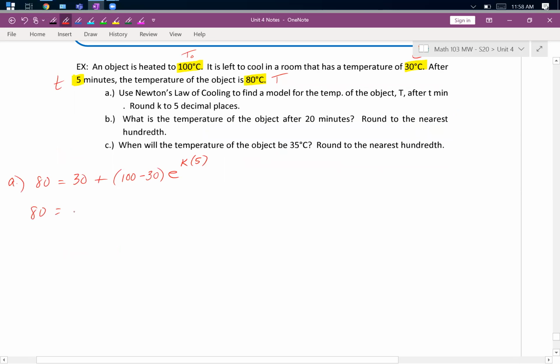I'd subtract those numbers in the parentheses, fix my exponent. And now we want to isolate the exponential portion. So let's subtract 30, divide by 70.